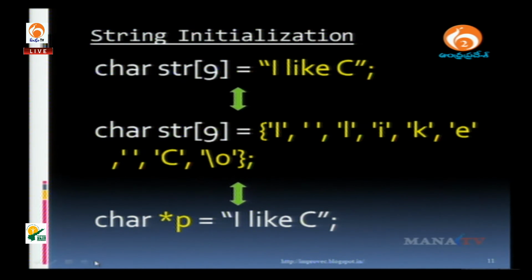Next way, if you are using character pointers, char *p = "I like C" also we can write. There are two ways to initialize strings, that is arrays, and second one is pointers. This is array representation and this is character pointer representation.